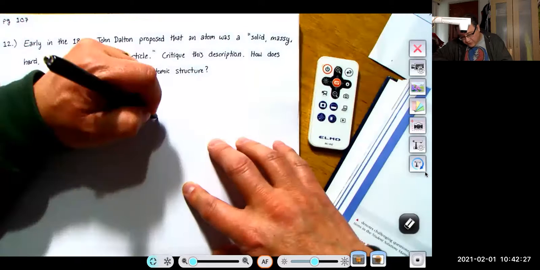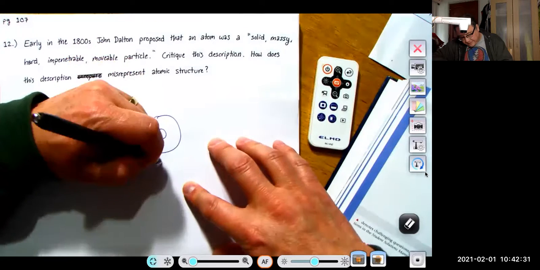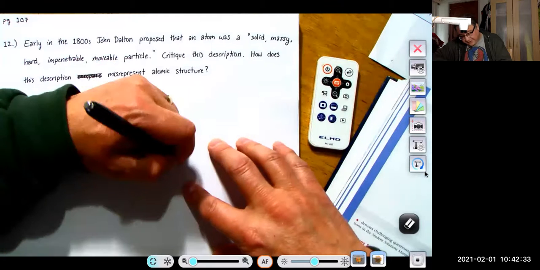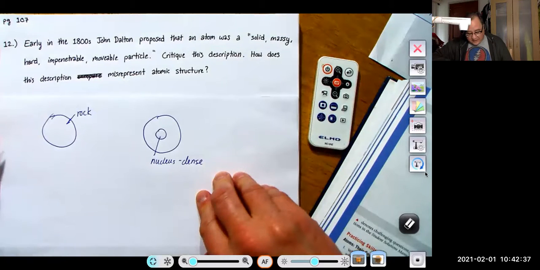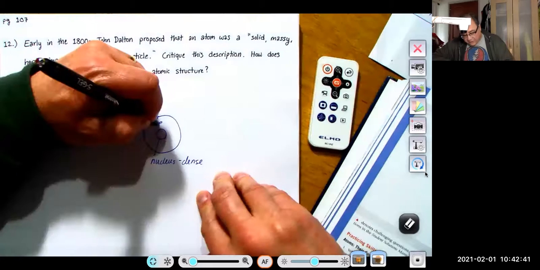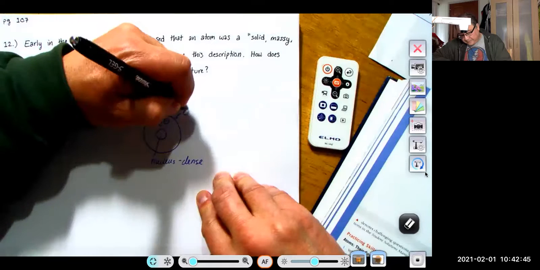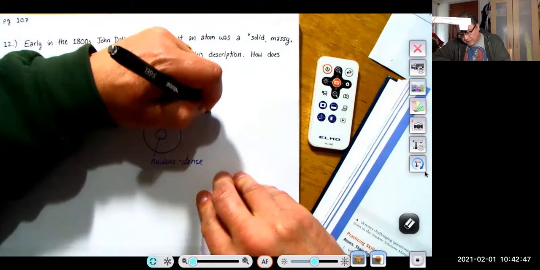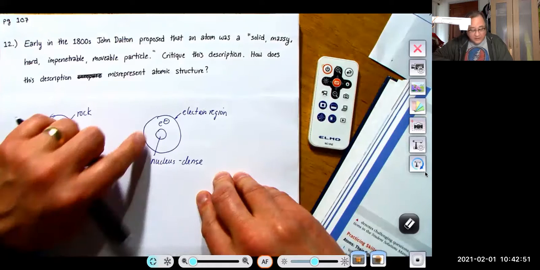Well, our modern description is that you've got a nucleus, which is dense. It's where most of the mass of the atom is. And then you've got this electron region around it. And remember, if you only have one proton here, you've only got one electron here.